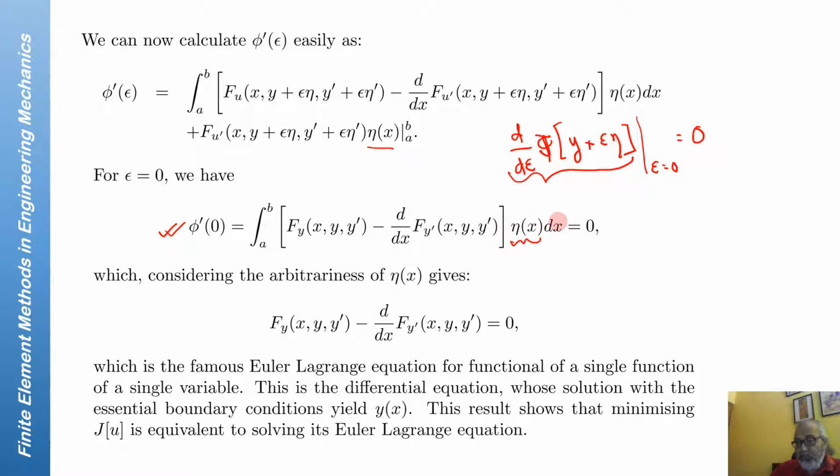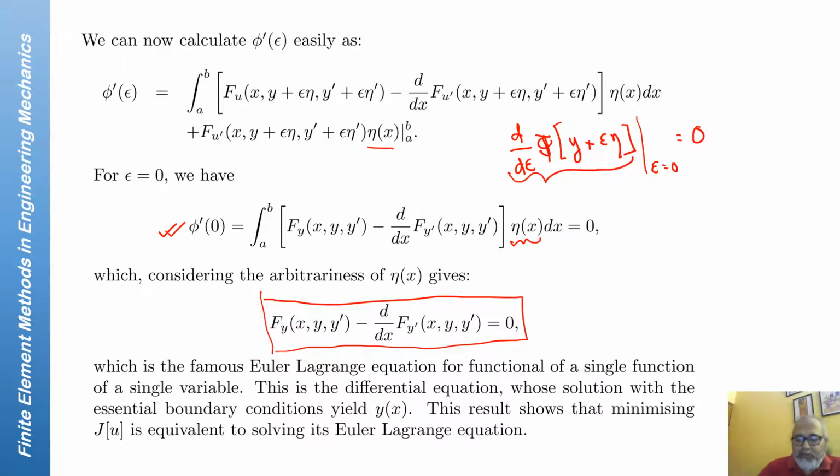That will only ensure that this can never be violated, and therefore this is the equation that I use to find out y. So this is a differential equation, and this differential equation can be solved to find out y.